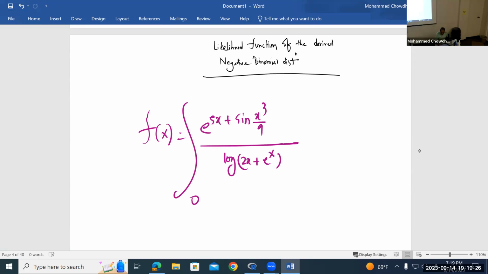Integrate this from 0 to 9. Is there any closed form? Closed form means you will find at the end a very beautiful result, that this is equal to 3x. That is called the analytical form, analytical solution, theoretical solution.